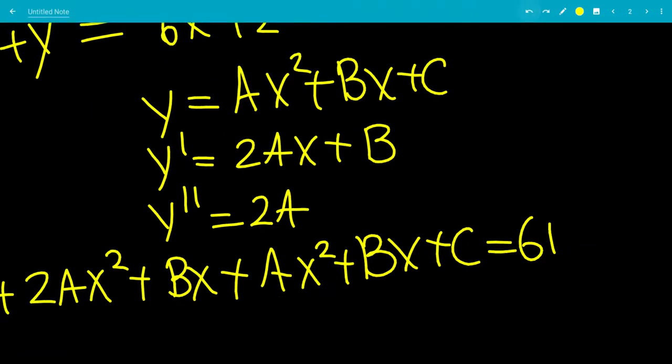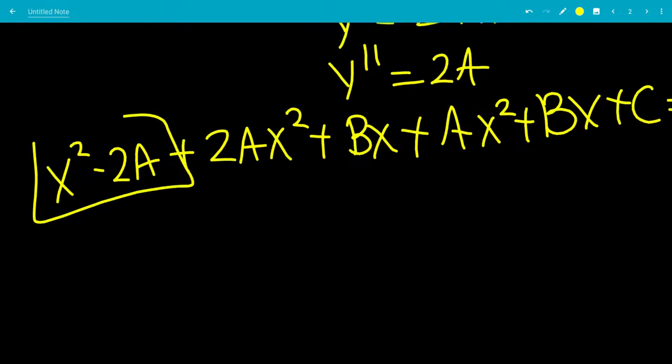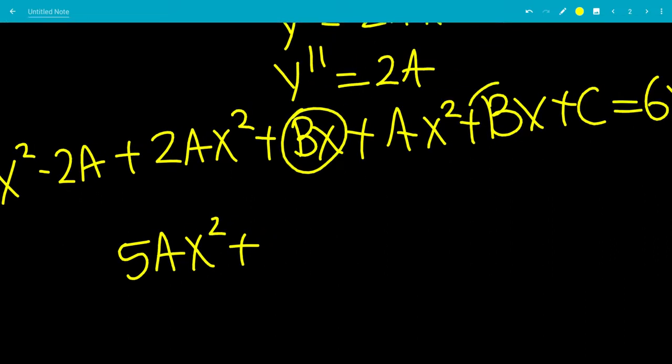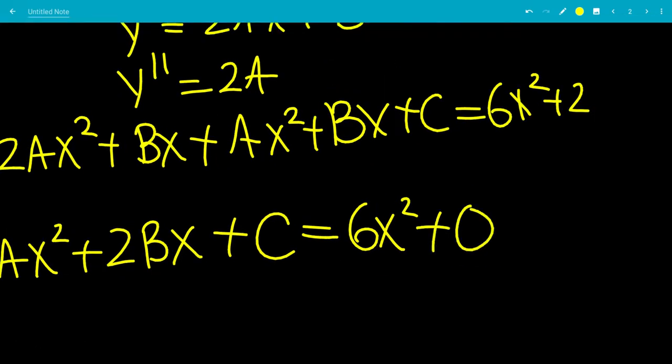So we have 2a, another 2a, which is 4a, and then another a, which is 5a, x squared. Then we're going to have bx and then bx, add those up, that's 2bx. And finally plus c, and that's equal to 6x squared. We can add 0 times something, so 0 times x plus 2.